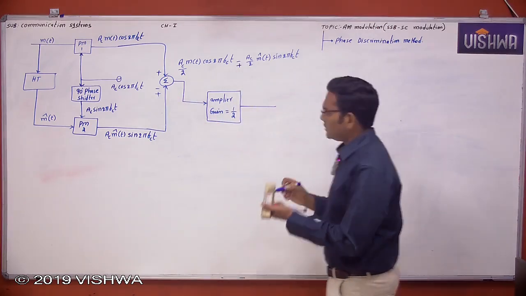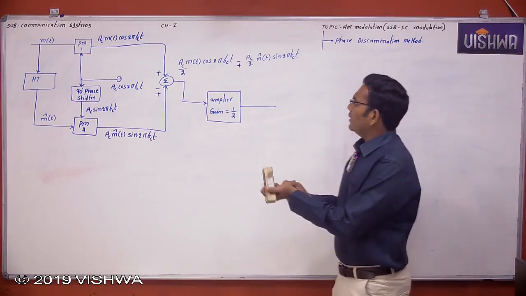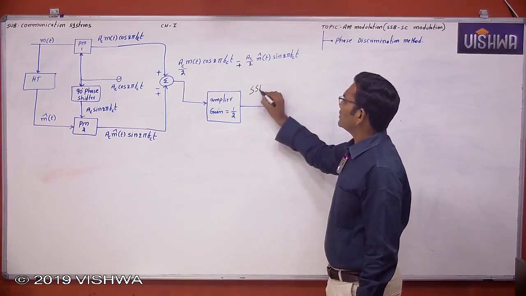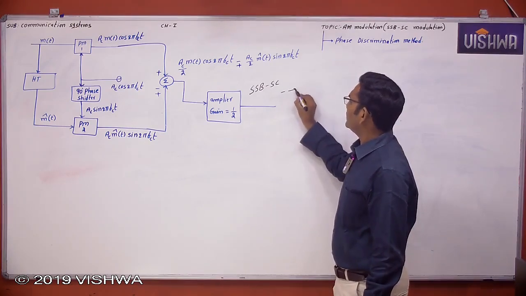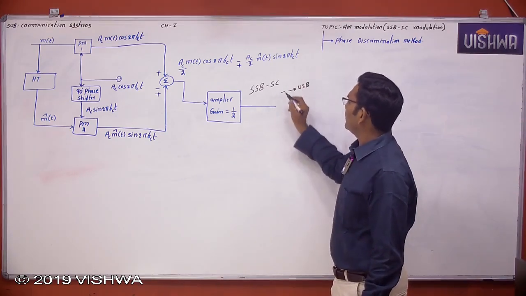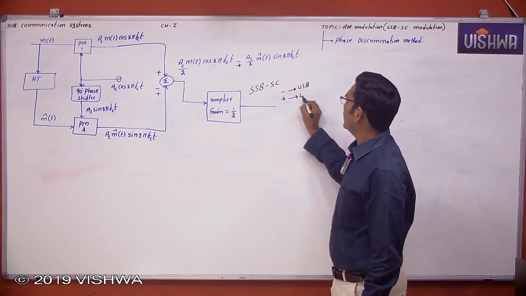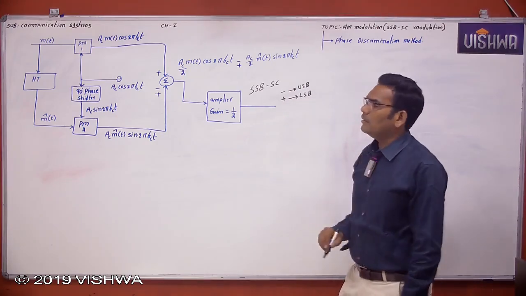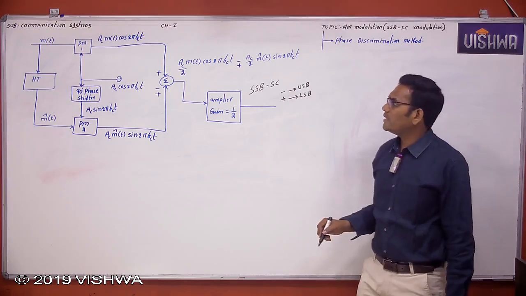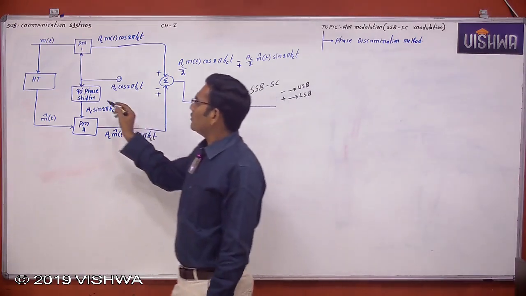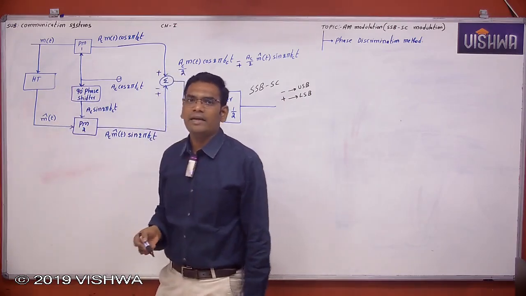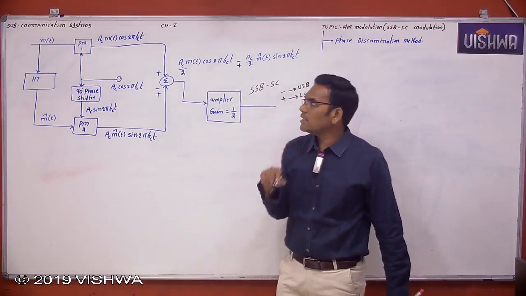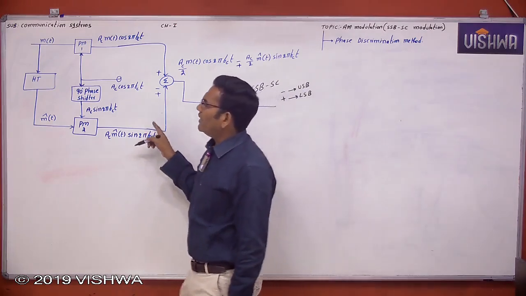Now what is this? This is an SSB-SC modulated signal, where the minus gives the upper sideband and the plus gives the lower sideband. This is an SSB-SC signal, but it is based on phase. A phase shifter is used; the Hilbert transform is also a phase shifter. This is totally based on phase shifting.